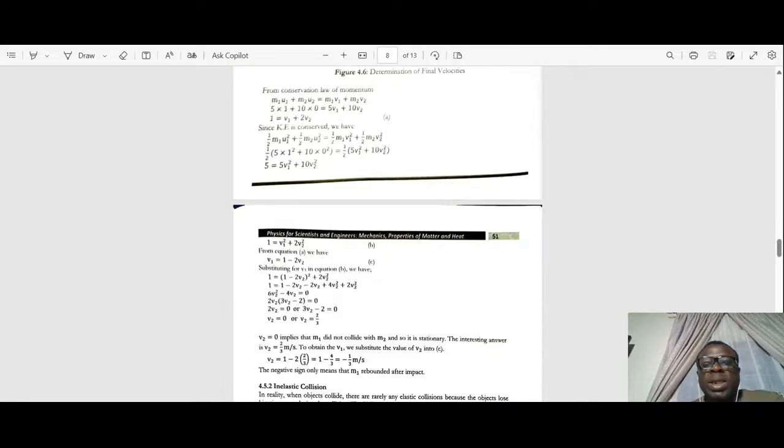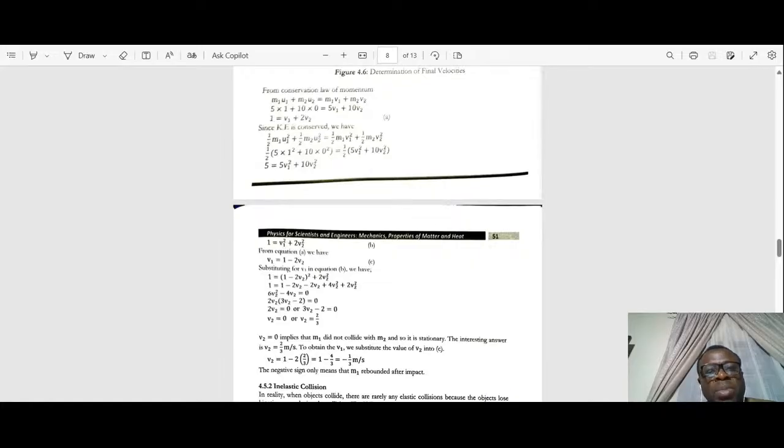So I was explaining that at this point, we needed to reduce where you have 5 equal to 5v1 square plus 10v2 square. Whatever you do to the left hand side, you must do to the right hand side.